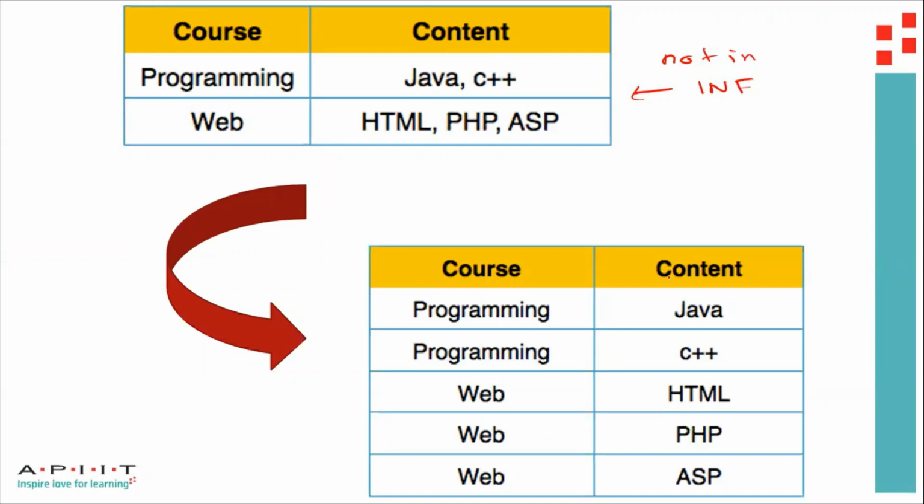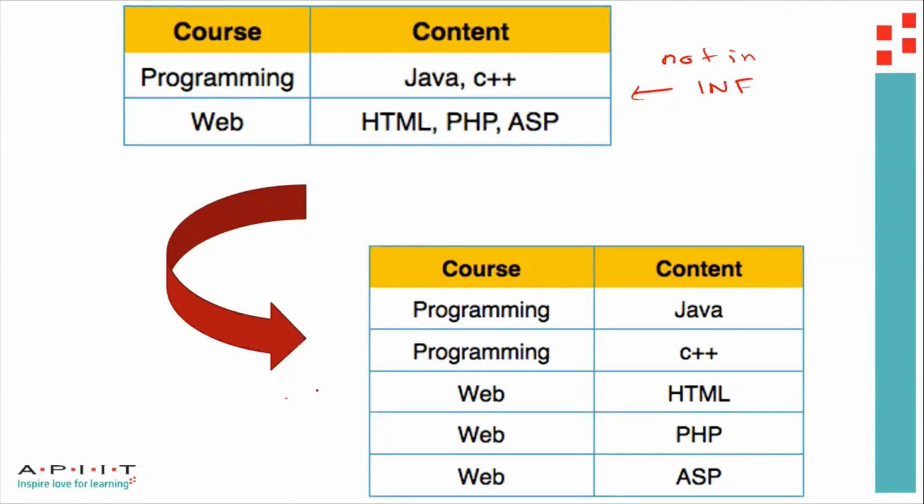We have the course and content, and then for programming we have two records, two tuples, like this: programming Java, programming C++. And for web we have three values, so web HTML, web PHP, web ASP. So now, children, can you identify any problem here?